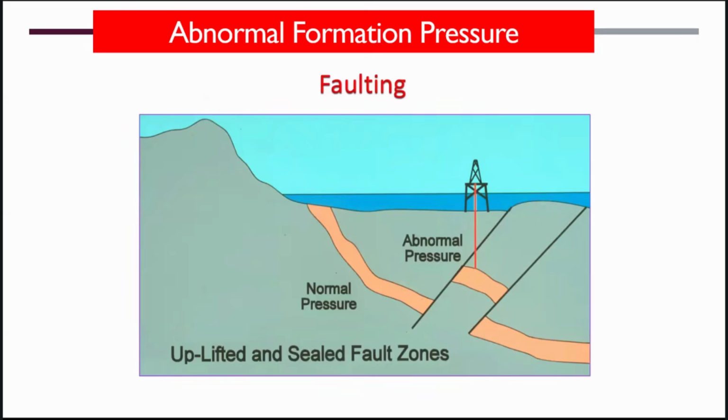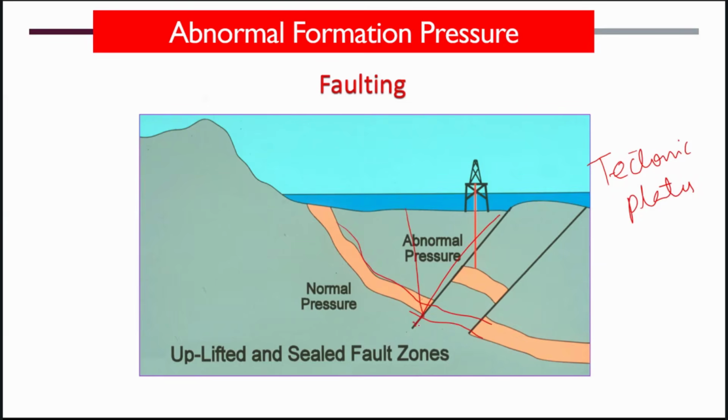And there can be faulting also. Like if you have an earthquake, we have tectonic plates in our earth, and these plates move continuously. But if due to an earthquake or something, it moves so much up and down, this pressure was normal for this depth.